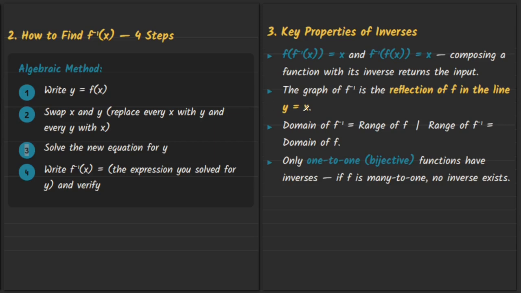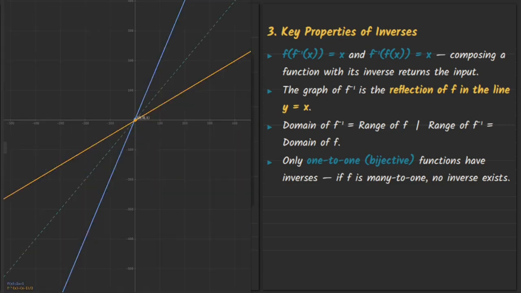The second one says the graph of the inverse is a reflection of the function in the line y equals x. With that, I would have to show you the diagram over here. So this line here, this middle line, is the line y equals x. Now, this particular line is our main function, and this becomes our inverse.